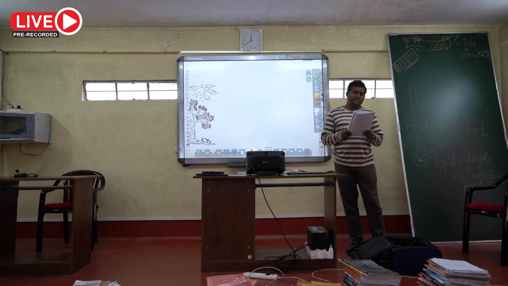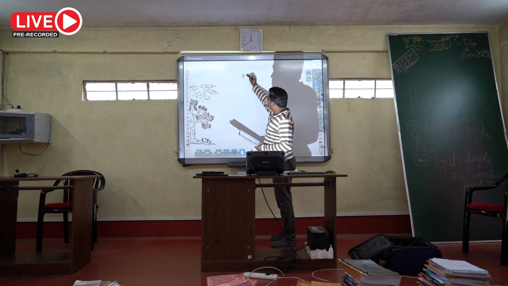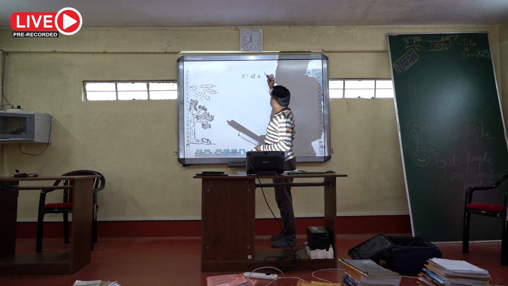The velocity v of a particle is given in terms of t by the equation v = at + b/t + c.